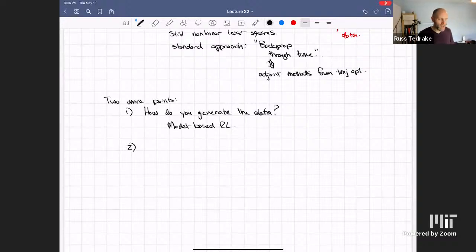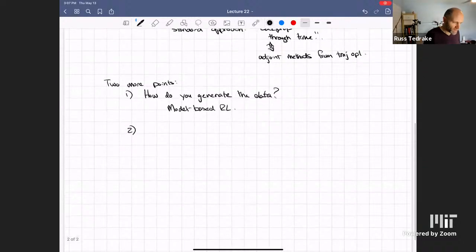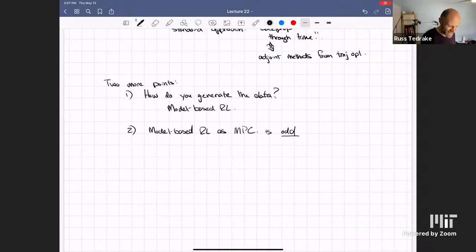Okay, the other one that I think is worth calling out is that a lot of times when people do model-based RL, they do it as MPC, model predictive control. It's odd, strange, and it's not based on some mathematical symmetry argument.